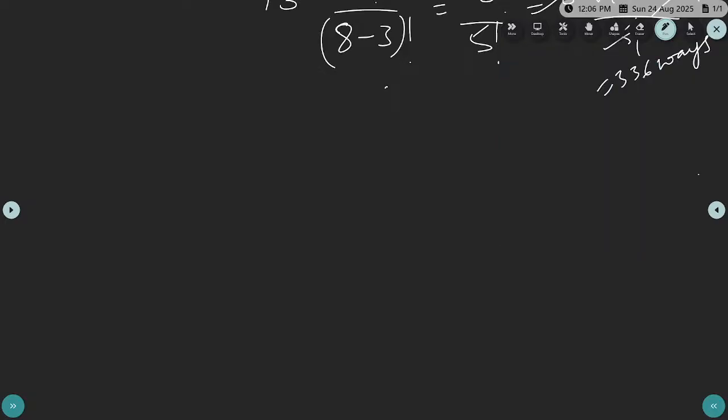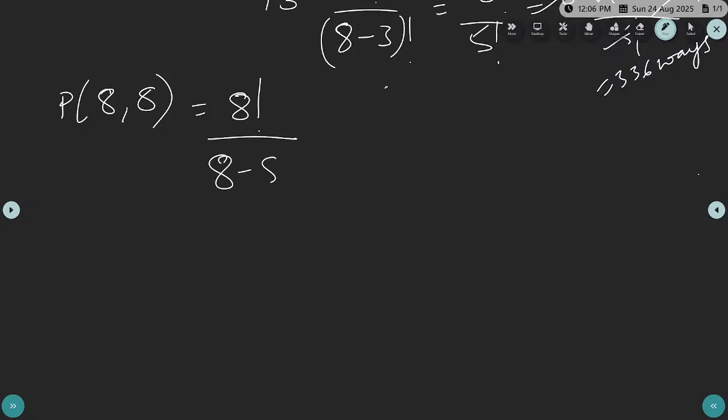P of 8, 8. Please stop talking. So here it is 8 factorial by 0 factorial. What is the answer here? Is it 8 or 0 or some other answer? If anything in the denominator is 0, will you take it as 0? It is considered as 1.